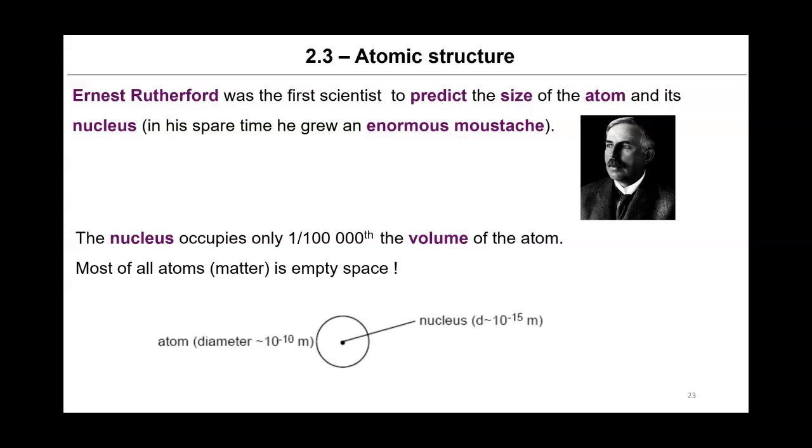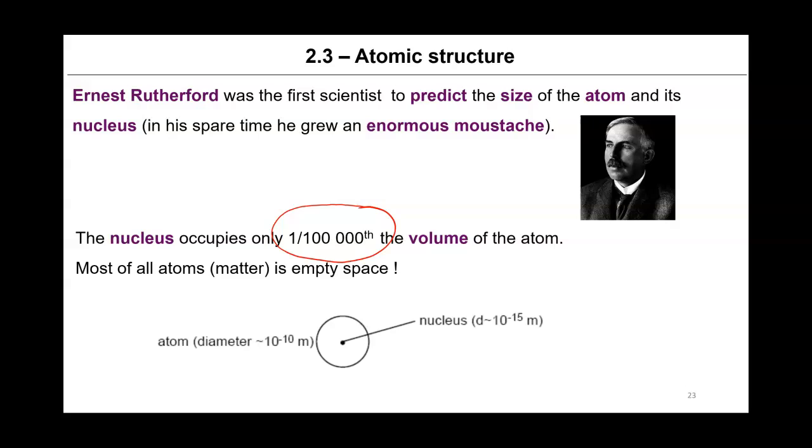It was Ernest Rutherford, who was a New Zealand/British/Canadian scientist, who was first able to predict the size of the atom and the size of its nucleus. And what Ernest Rutherford determined was that the nucleus occupies only 1/100,000th the total volume of the atom.